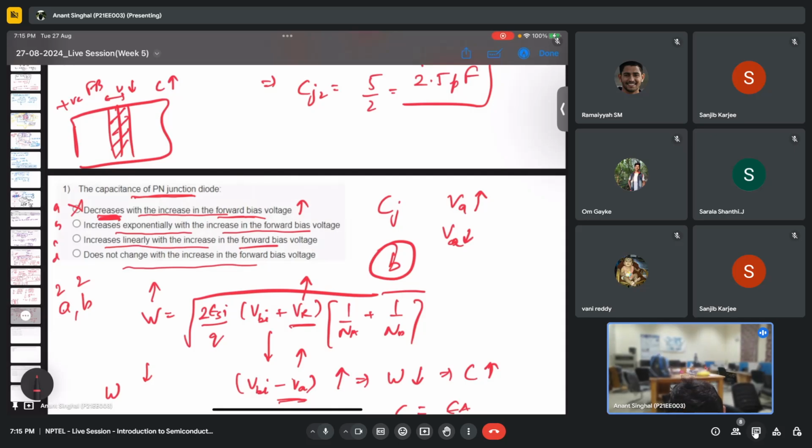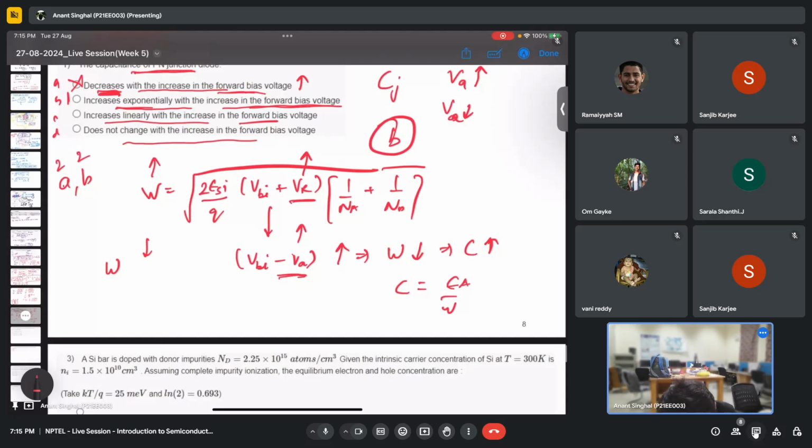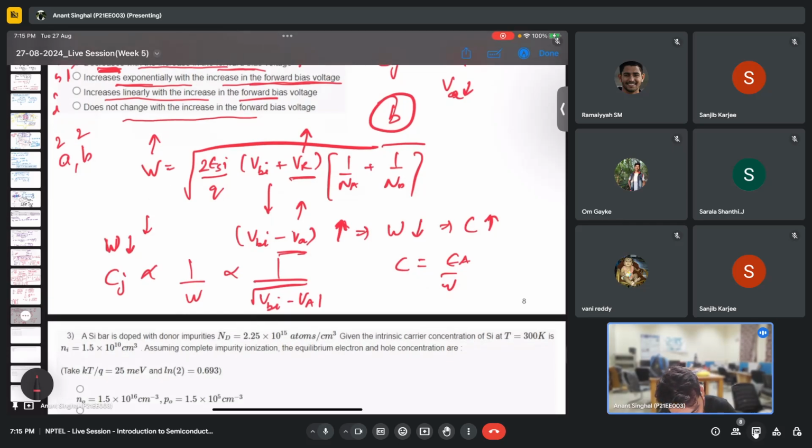It says on increasing the forward bias, it increases exponentially. So let's keep this option in check. Exponentially means as some power. What is happening here is, we have a W. If we are increasing the forward bias, we are having a reduction in W and an increase in the capacitance. So you can see that it is not increasing linearly.